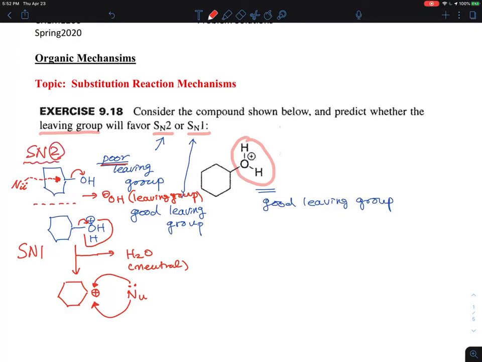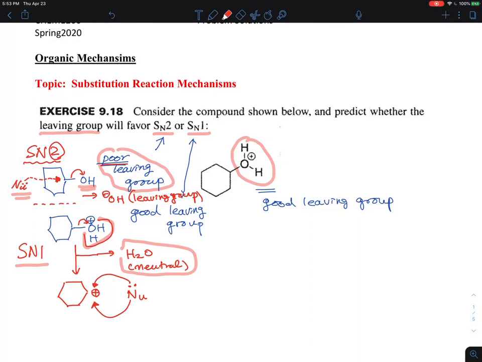SN2 implies that you have a poor or weak leaving group, so you need someone's help to pull and push. The motivation to leave is not so high, so you need additional help. Whereas with SN1, the leaving group itself is good enough, because once it breaks the bond in a heterolysis, it takes the 2 electrons and ends up neutral.